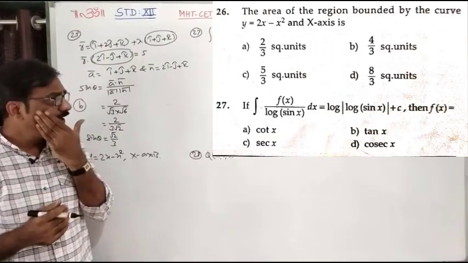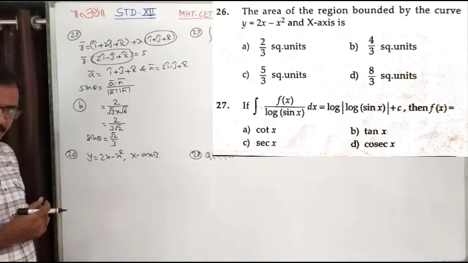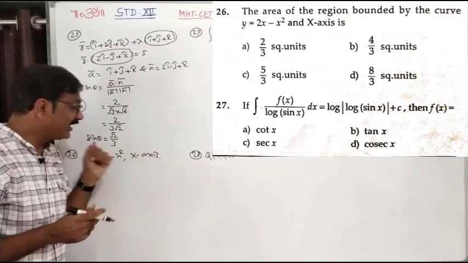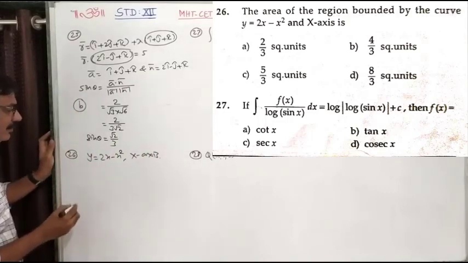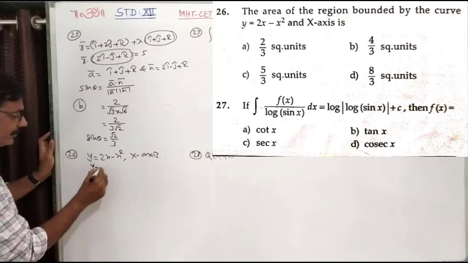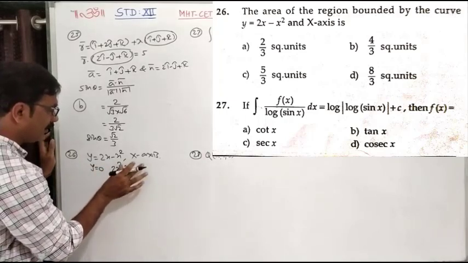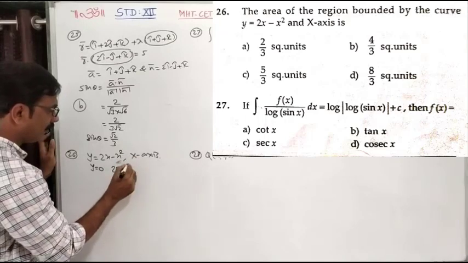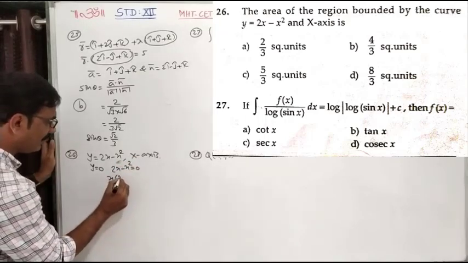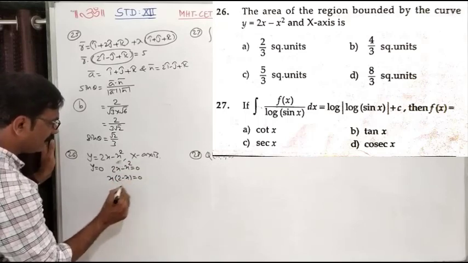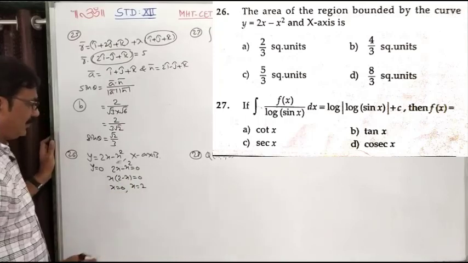Question number 26. Find the area bounded by the region between this with the x-axis. If it says with the x-axis, then for y equal to 0, your equations are like this, taking x as common, so values of x are 0 and 2.